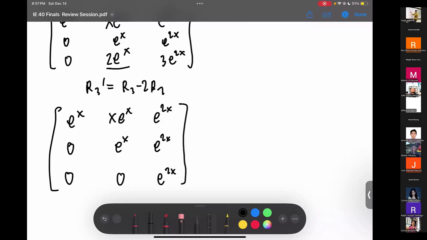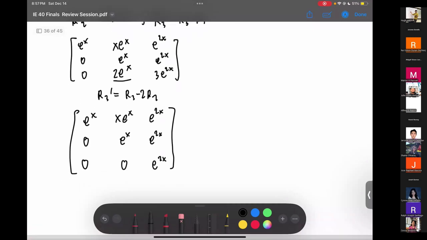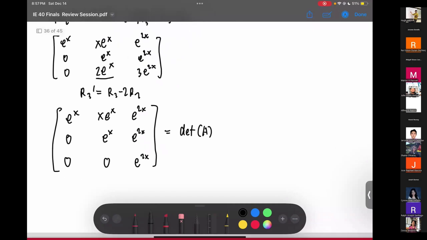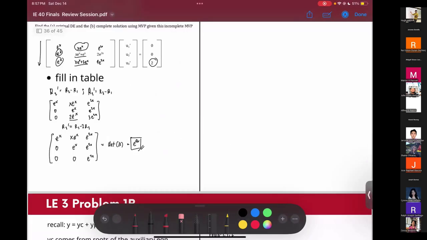So now that is our final matrix na, and we can tell na the determinant of this, let's just name it matrix A, is equal to e to the 4x, and we can use that later when we're executing Kramer's rule.